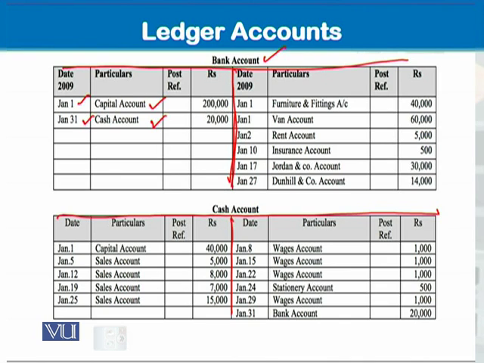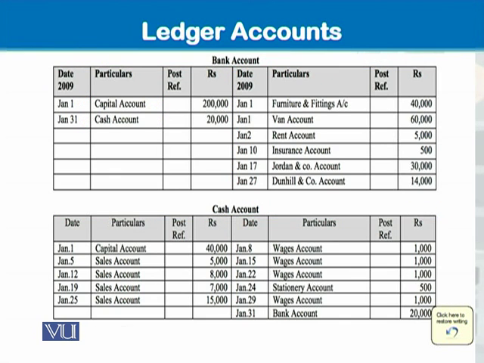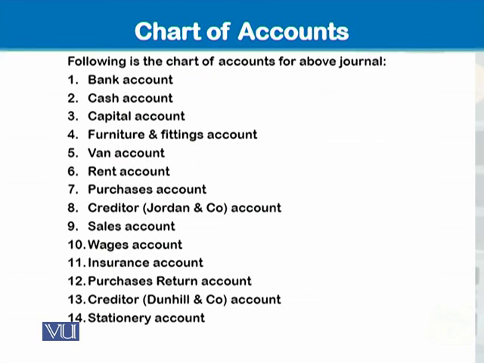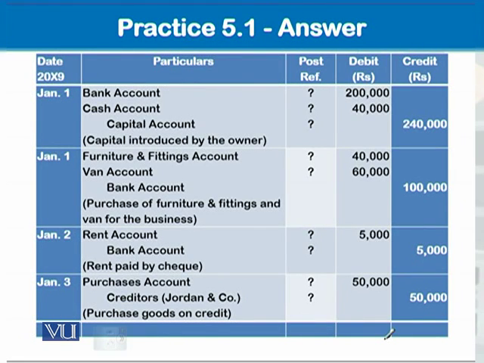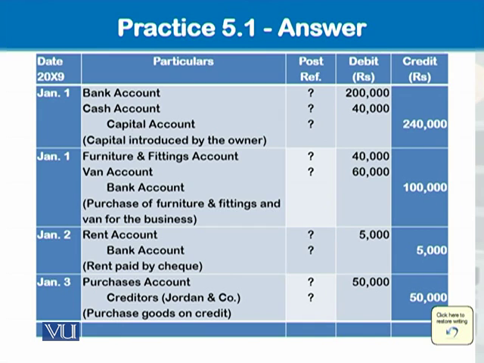Just since it is our start, let me take these two accounting entries for you, on January 1 and on January 31. Well, on January 1, what happened in fact? On January 1, bank was debited with 200,000. And see, in all other journal entries, bank is not debited.